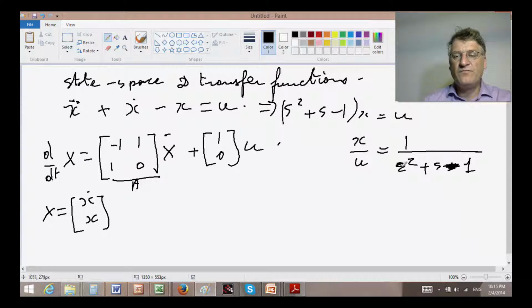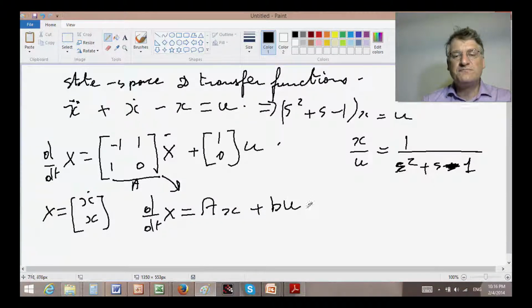Okay? Now what if I go through this instead? Well, so this is a general expression for d/dt of x, or a specific example of d/dt of x is equal to ax plus bu. Just for scalar variables, you can take the Laplace transform of vectors.